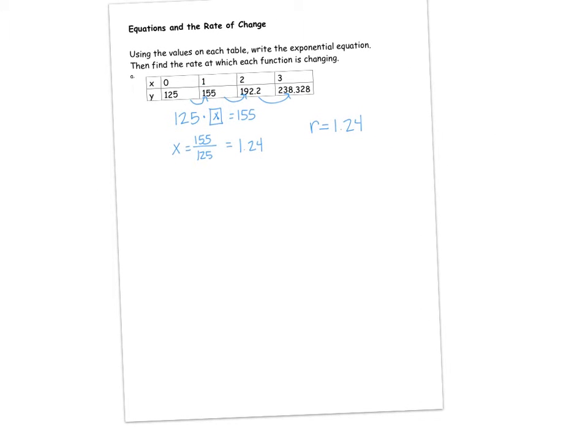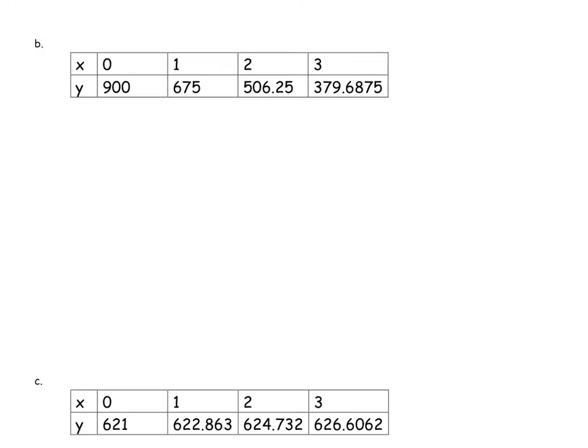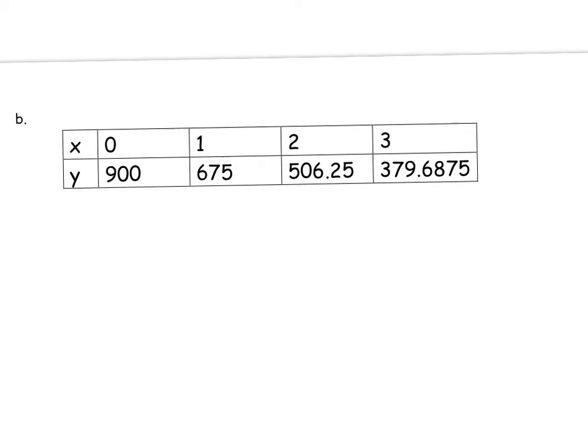Alright, so that was it for that one. Here we have another rate problem. We are going to see what is being multiplied to get to the next term. Okay? And we are going down, so your rate should be less than 1, because you want to multiply by a fraction, less than 1, for each term. So we have 900, and you're going to multiply it by something, and it's going to equal 675.